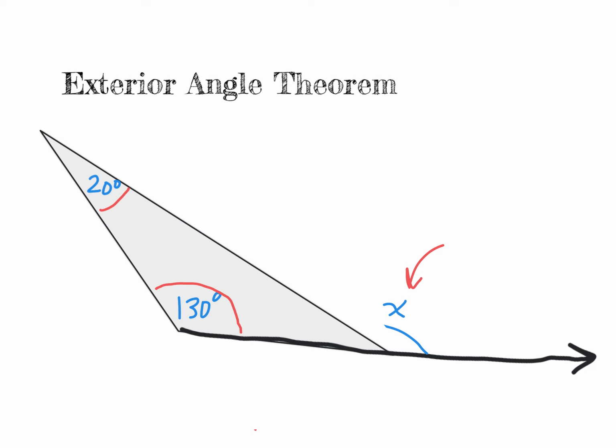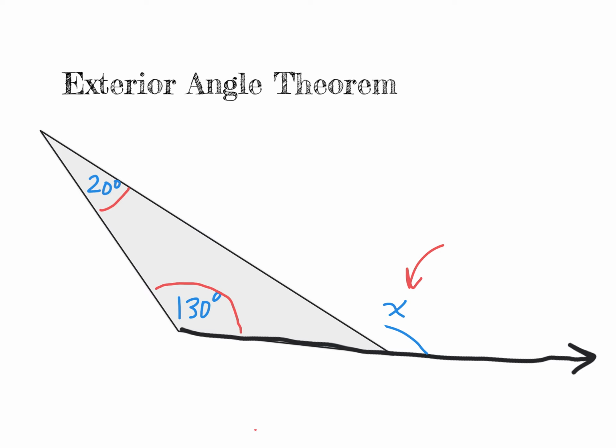Of course, this interior angle right down here that I called y a little bit ago is adjacent to the angle marked x because they share a side between them. The remote angles are the ones that are not adjacent to it.